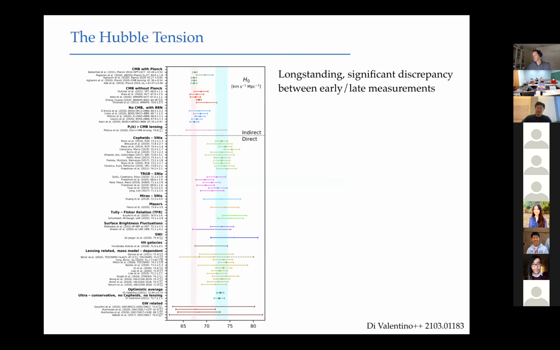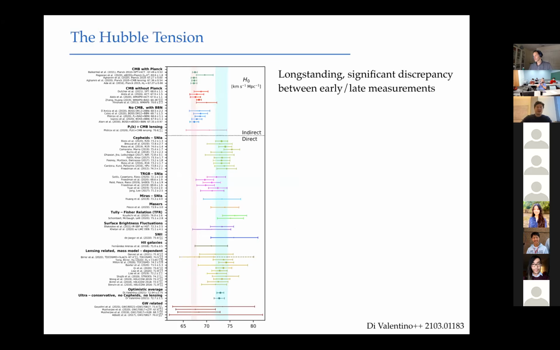So without further ado, to get everybody on the same page, you've probably seen lots of tables like this. This is from a recent paper by Di Valentino et al. It gives a nice summary of all the measurements that people have thrown at the present day Hubble constant. In fact, I think it's already a little bit out of date. We've already seen a few more added to this list, but the general state of affairs is on this slide right here.